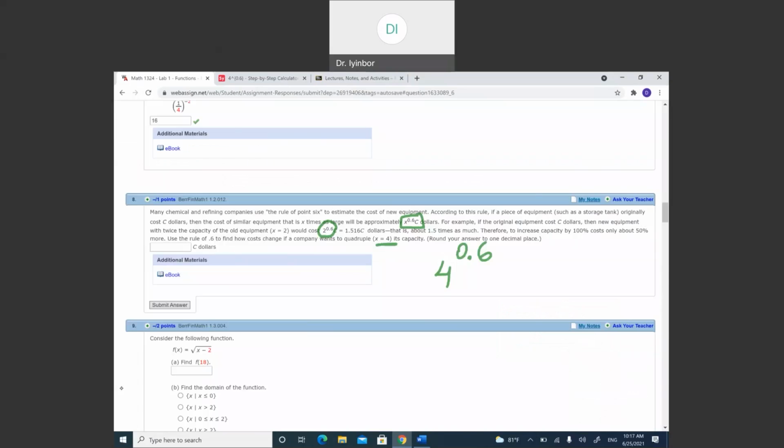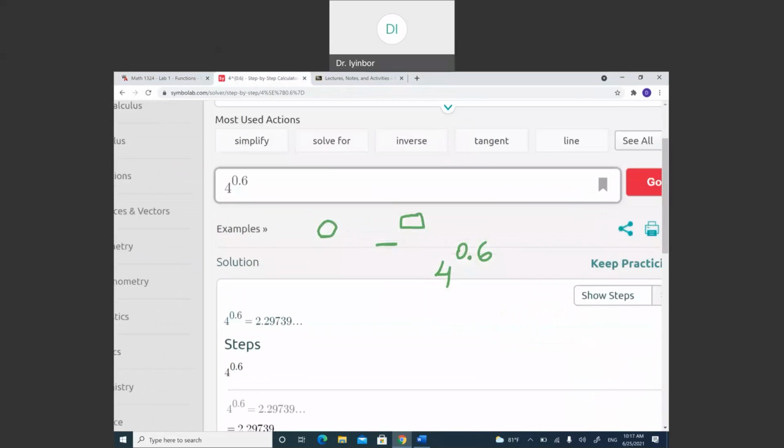So now here you have to be careful how you round. So when you have 2.29739, 1 decimal place means cut it through 2.2. But always have to look at the next number. If it's 5 or bigger, you're going to add 1 to the 2. So you round this like 2.3, 1 decimal place.